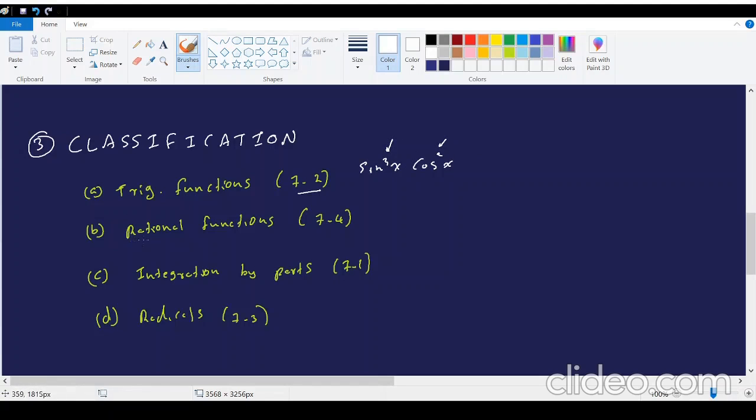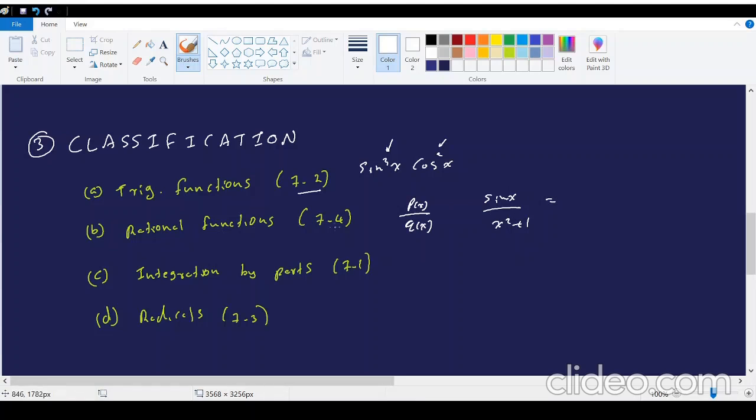And if it is a rational function, be careful, what I mean by rational function is something with a numerator and denominator, but in both the numerator and denominator you need to have polynomials. Say, if you have a numerator with a trigonometric function and a polynomial in the denominator, you won't be able to use the partial fraction technique.